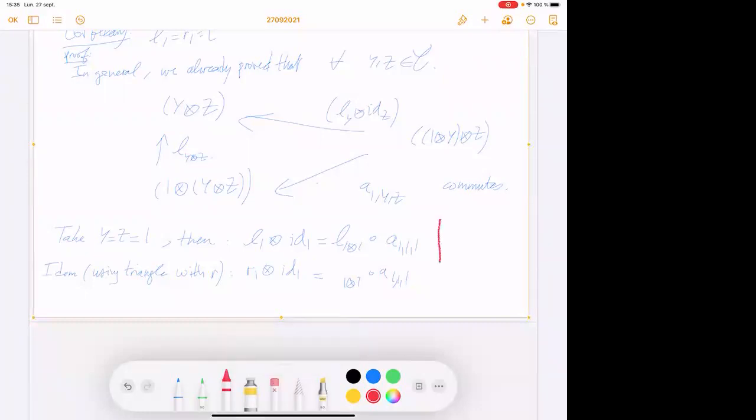This comes from this triangle, but for the next equality, we need to use the first triangle, which uses both the L and R morphisms. So what you get is like that, if I'm not mistaken.